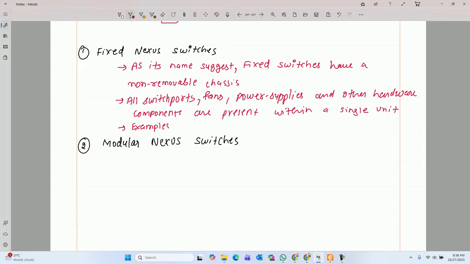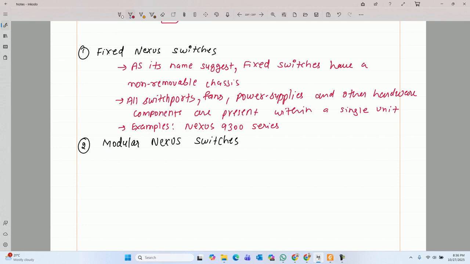Here we have the examples. Nexus 9300 series. So Nexus 9300 series switches are the fixed Nexus switches, and they take very small space inside the rack also.